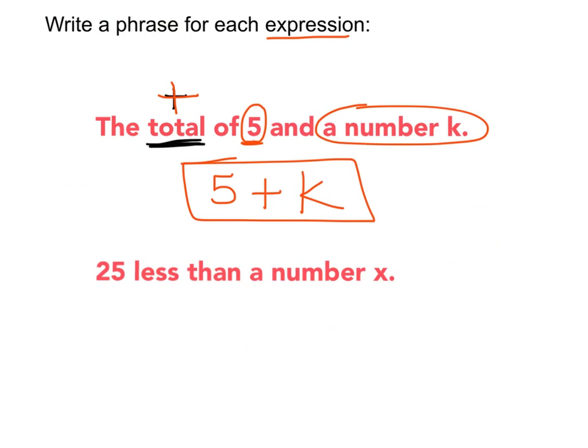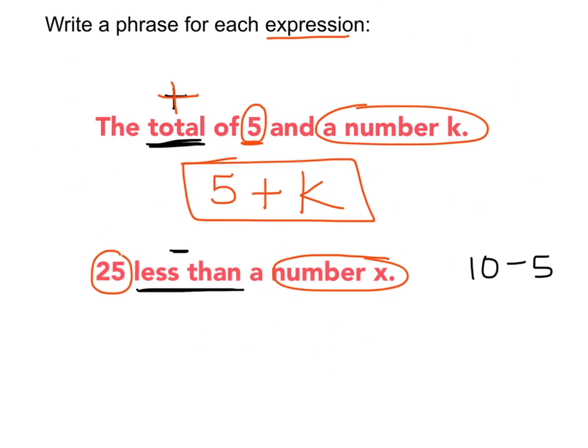All right, let's take a look at this one. It says 25 less than a number x. All right, so first thing I'm going to underline my keywords. I see less than, okay, which means subtract, if you look at your chart. So it says I'm taking 25 less than whatever x is. So let's think about this. If I said you had 5 less than 10, you would write 10 minus 5, right? If you have 5 less than 10.